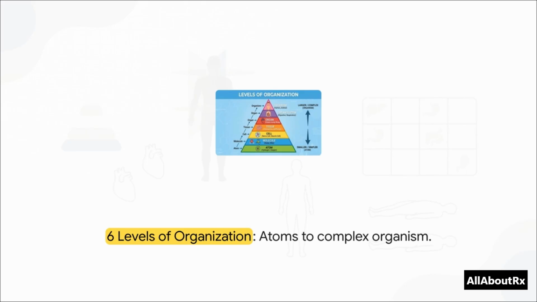Then groups of similar cells join forces to form tissues. Different tissues then work together to form an organ, say your heart or your lungs. Those organs coordinate within larger organ systems, like the respiratory or digestive systems. And finally, at the very top of the pyramid, all of these systems integrate flawlessly to form the complete, complex organism. It's truly amazing when you break it down like that.